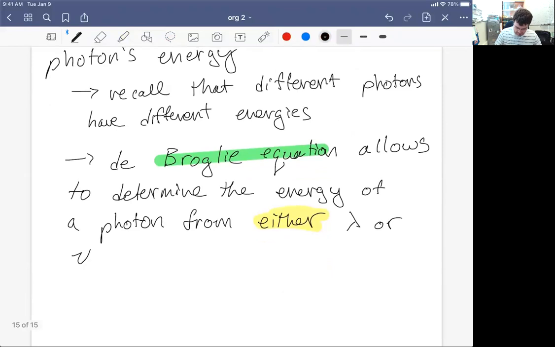The equation I like to remember is E equals h times nu.